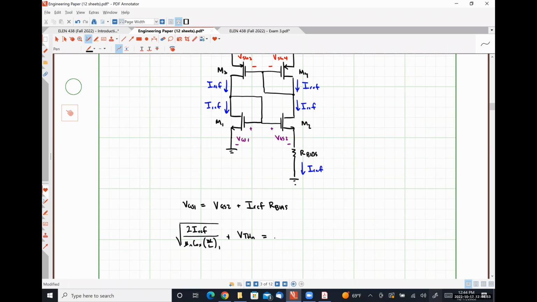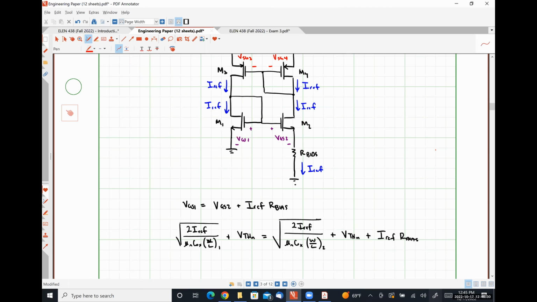And this is going to be equal to something similar. Twice IREF over mu n C ox W over L for transistor M2 plus that same VTHN plus IREF times R bias.